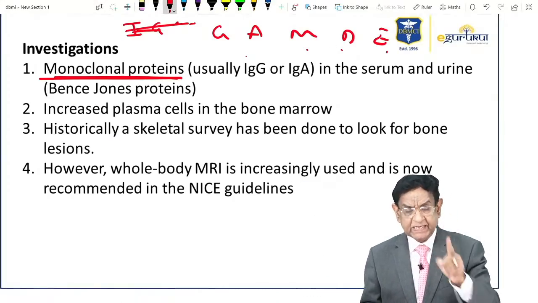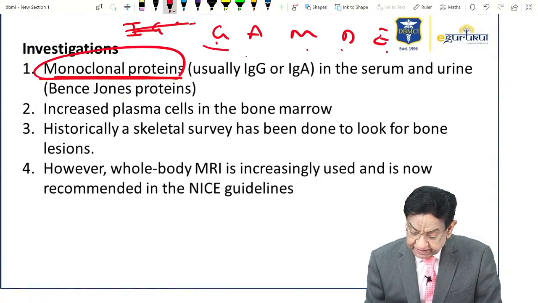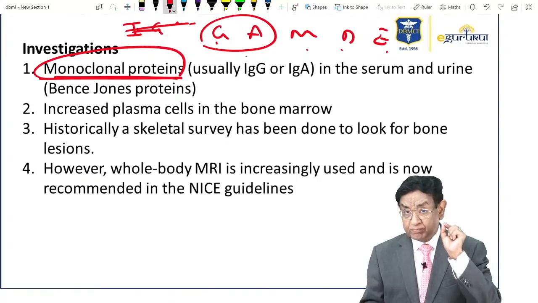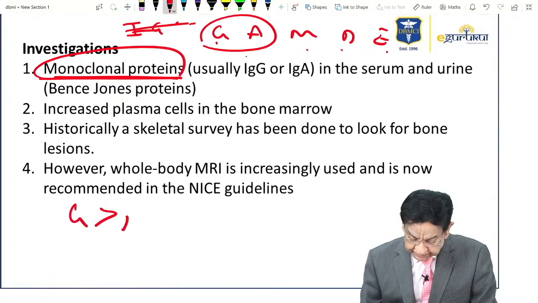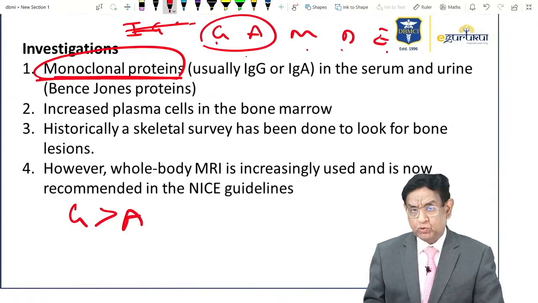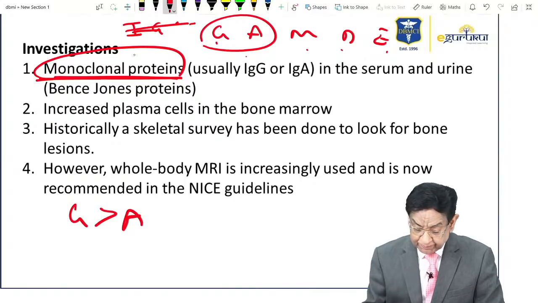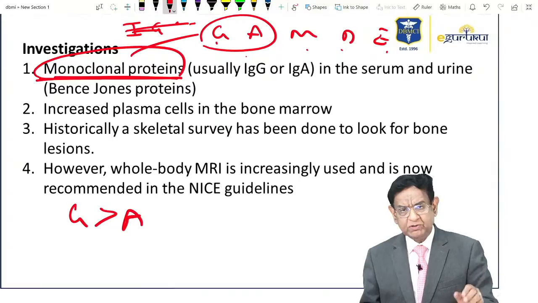But these plasma cells produce only one type, maybe G or A. These are the ones most commonly produced, and of course G is much more than A. But whatever it may be, it will be only one type. That's why we call it monoclonal. You will not find in one patient G also, A also, M, D.